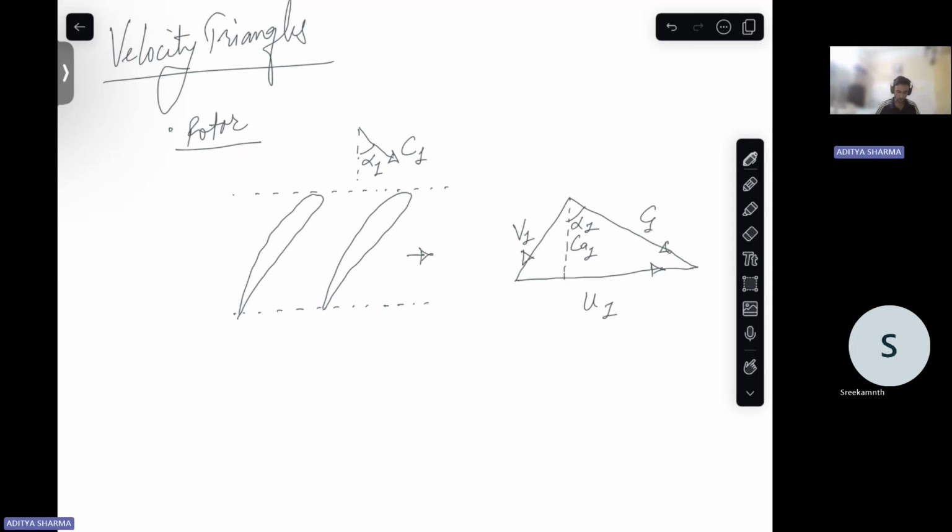Right. So it is again, I would say, very important that we should be able to properly visualize these velocity triangles. So what is happening here? And what are these two? So this basically is the top view of your blades.